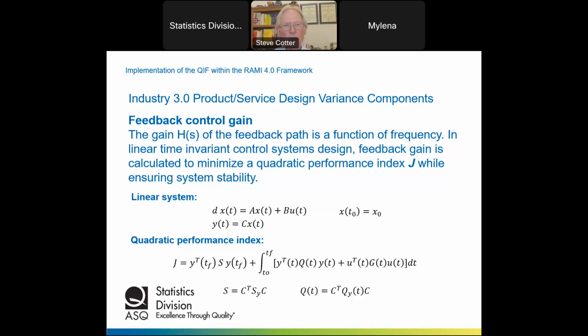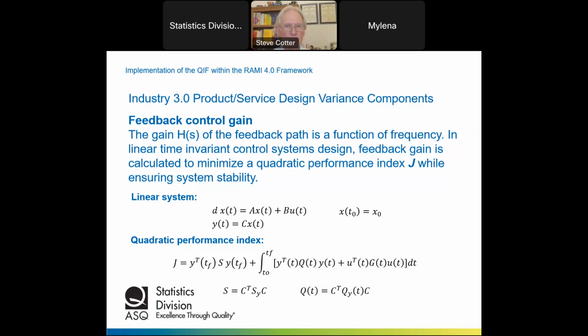In linear time invariant control systems, design feedback gain is calculated to minimize the quadratic performance index J while ensuring system stability. So we have here a typical state space representation of a system minus the dt in the yt equals cxt. There can be a plus DUT error term, and that allows the input error to directly feed through to the YT.